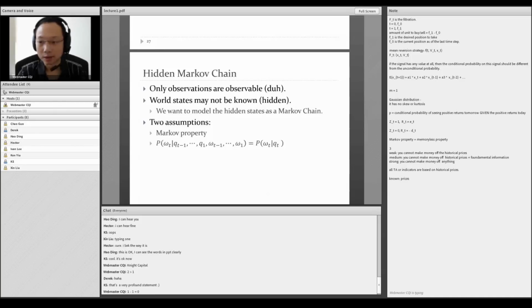Because we are the ones who created the states, if we say there are 2 states, then there are 2 states. And the prices, we observe them. From this, we want to infer the parameters.